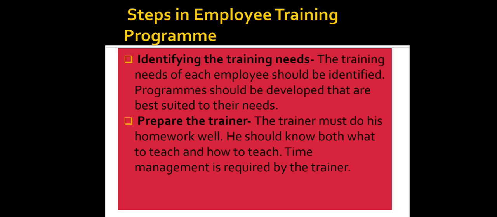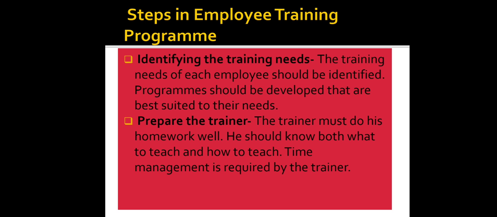So he should know that well. Time management is required by the trainer. Training should be delivered in such a manner that the trainee does not lose interest in the job. The trainee should have that interest in the job. That is how the training should be provided.